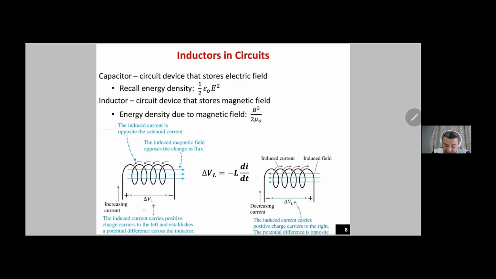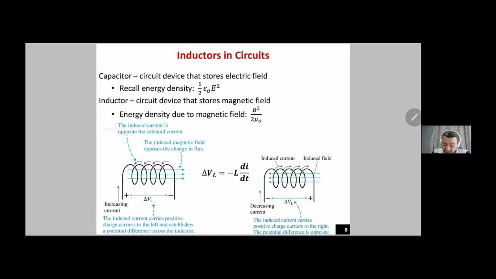And in this case, delta VL would be plus at the increasing side, minus at the other side, and the delta VL would be minus L di over dt.